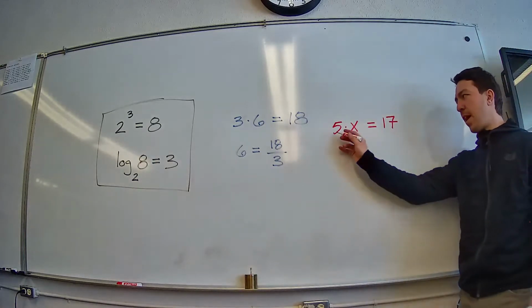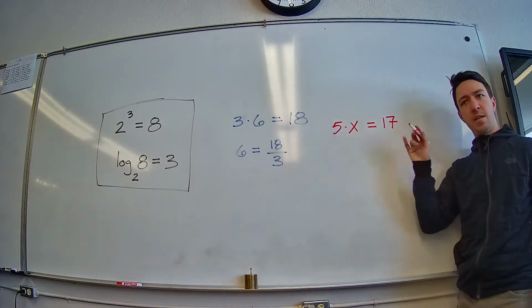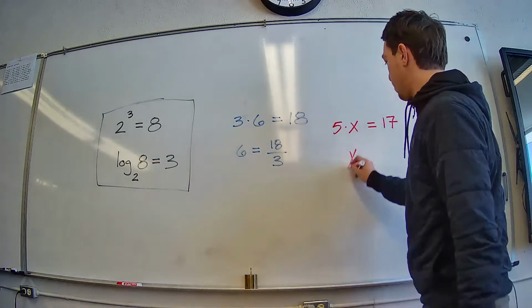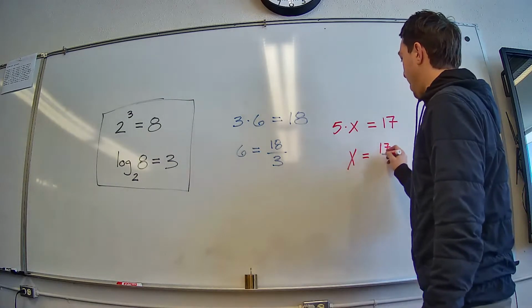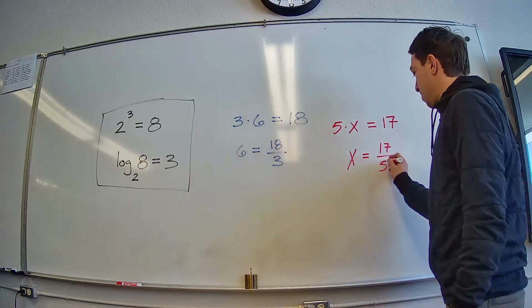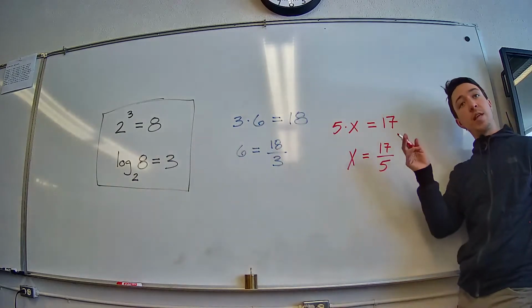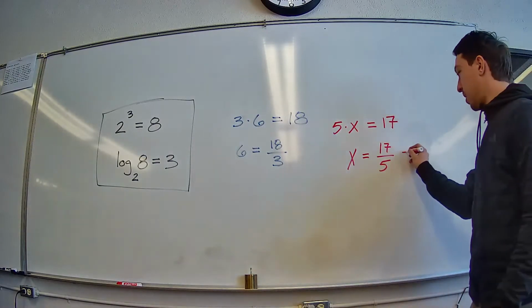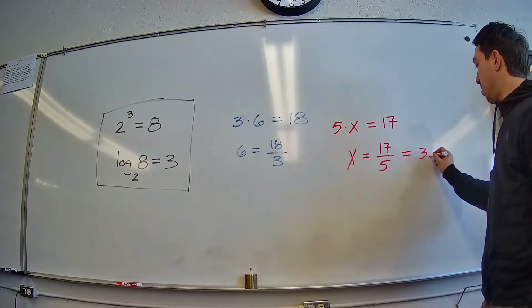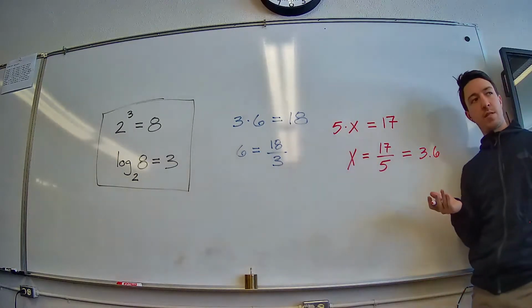Is it possible to make 5 times a number equal 17? The answer is yes, there is. There's a number. That number is called 17 divided by 5, 17 fifths, which can be written as a decimal. That make sense?